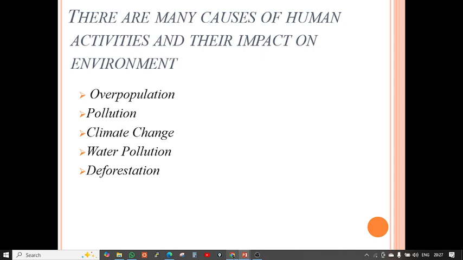Then climate change. Due to pollution, climate change occurs. How? At the time of rainy seasons we are facing cold, and at the time of cold we are not having cold. There is a huge change in climate. You have seen recently that the Sahara Desert and Dubai in Arabia are having huge rainfall.